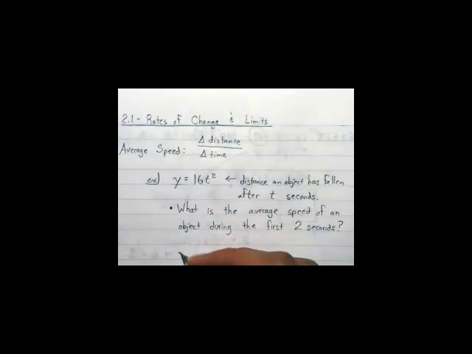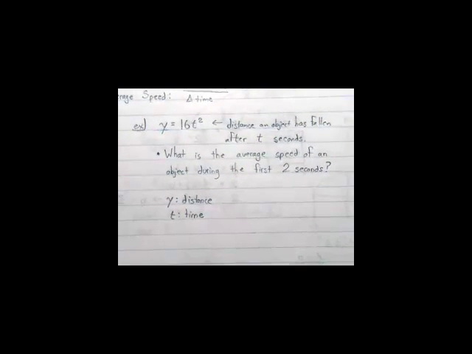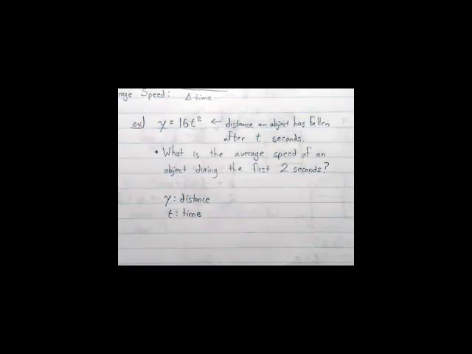Okay, so remember, the variables in this equation here, y is measuring the distance, and t is measuring the time. So if average speed is the change in the distance divided by the change in the time, how can I do this then? How can I answer that question?